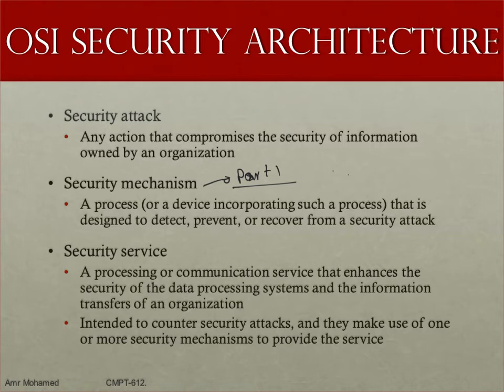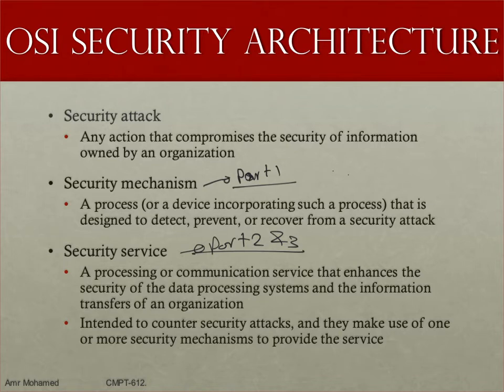And this is, of course, parts 2 and 3, where we will talk about the different protocols and how they can use one or more mechanisms to provide confidentiality. For example, TLS in the transport layer provides a security service, right?